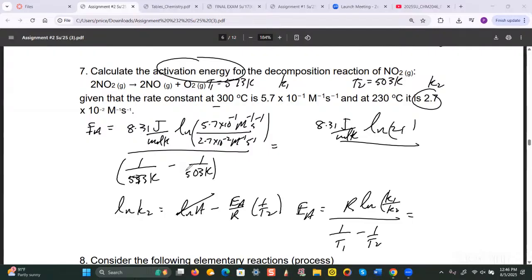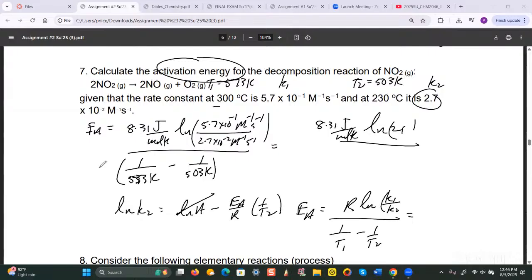Okay, so let me work on what's below. 1 divided by 573 minus 1 divided by 503.